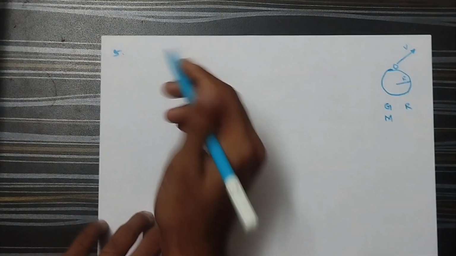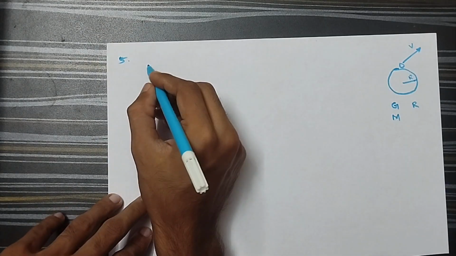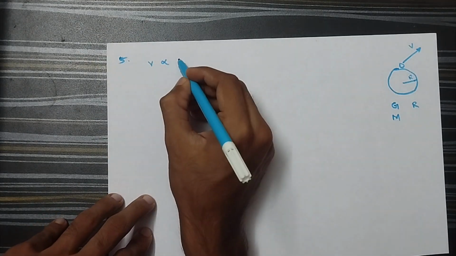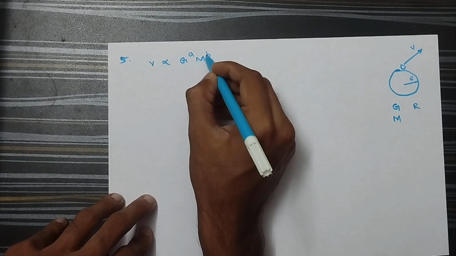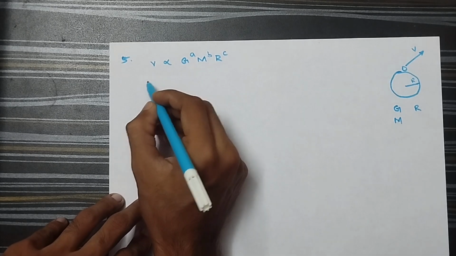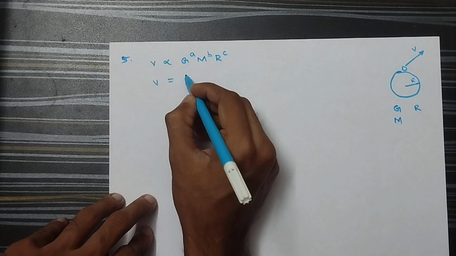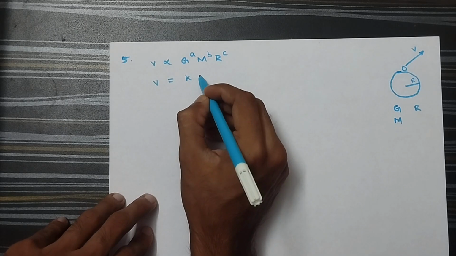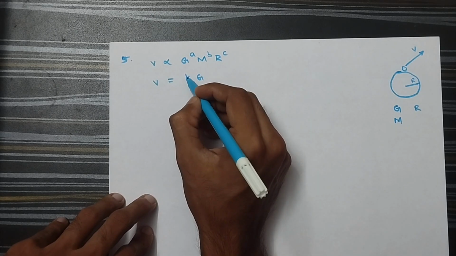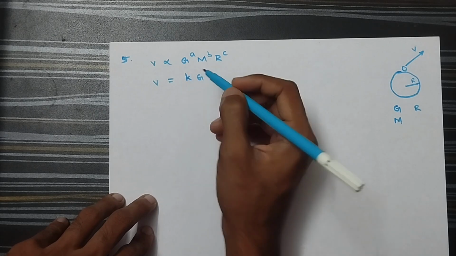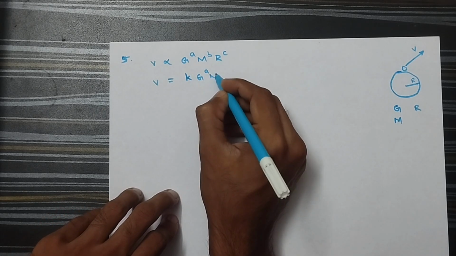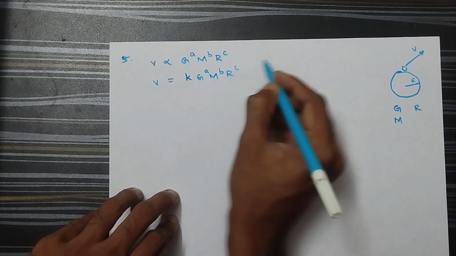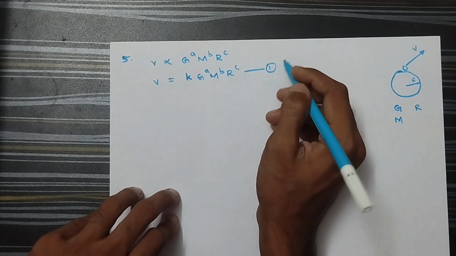So if we were to write it, v is directly proportional to G raised to a, M raised to b, r raised to c. So velocity is equal to proportionality constant k, or any other letter. It doesn't exactly have to be k, but by standards it's k, G raised to a, M raised to b, r raised to c. So this is our equation 1.